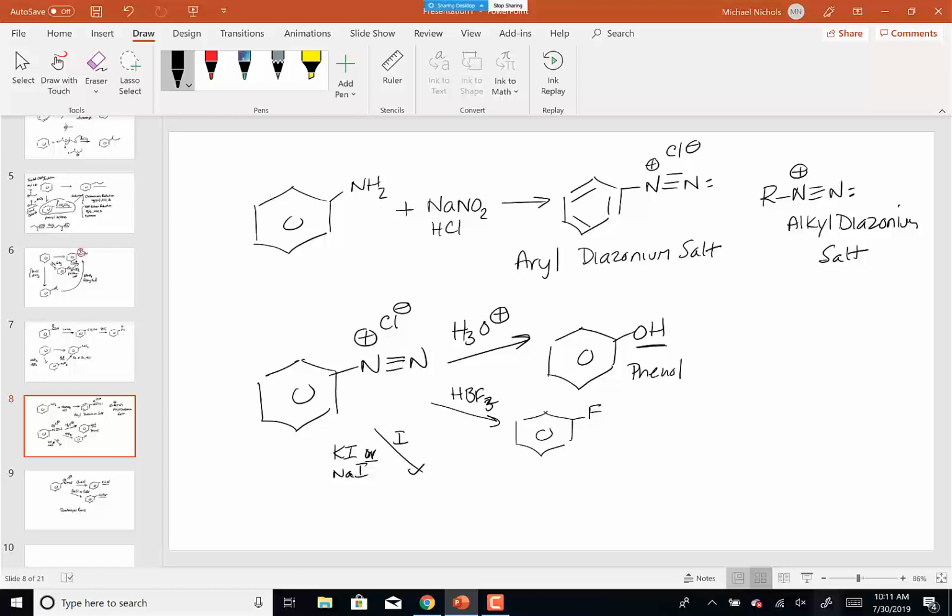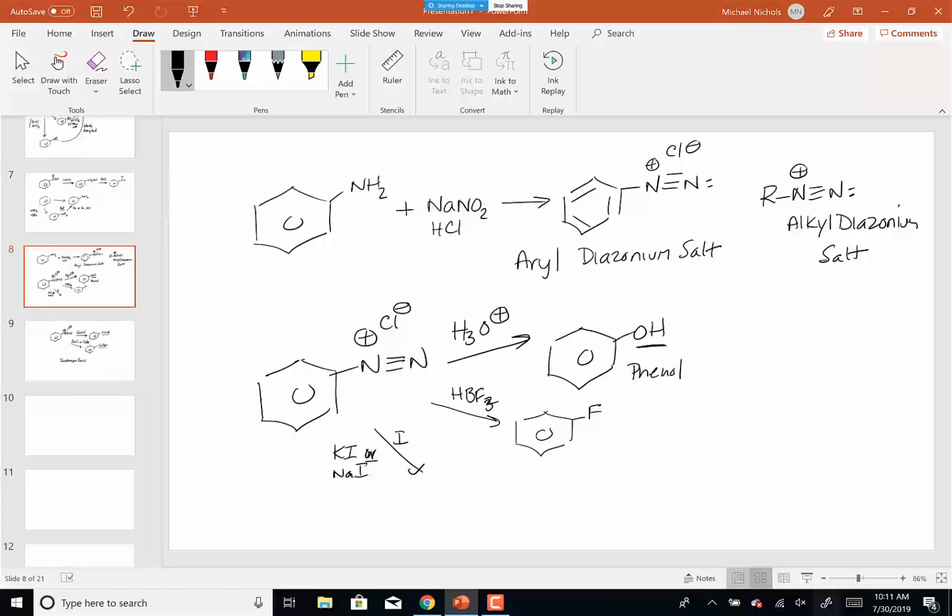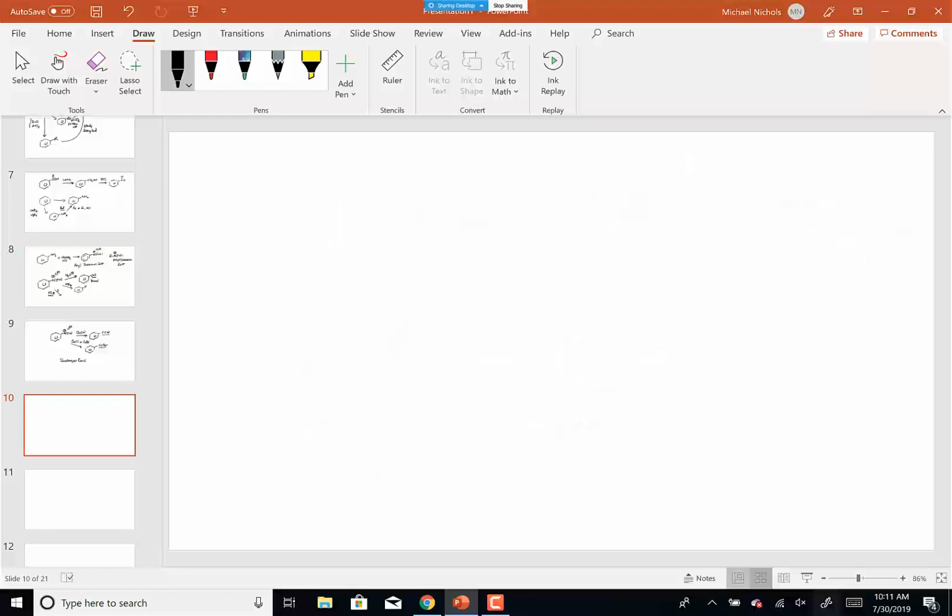And so we have to figure out two things that happen when you put a group on a benzene ring. When I put a group on a benzene ring, it's going to affect it two ways. What are those two ways?